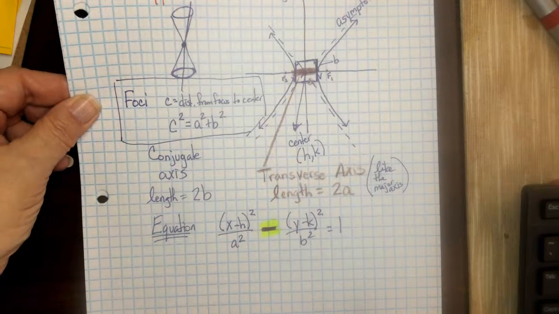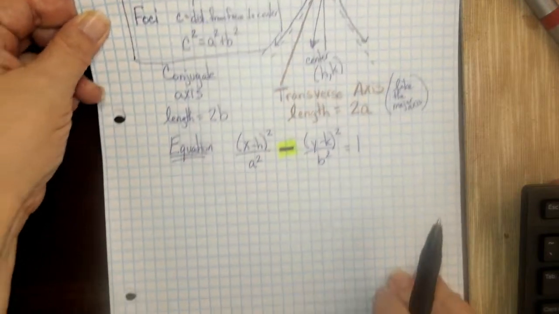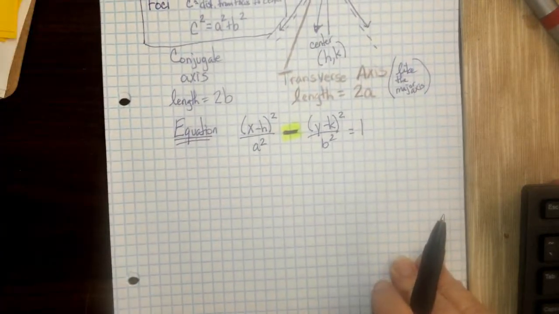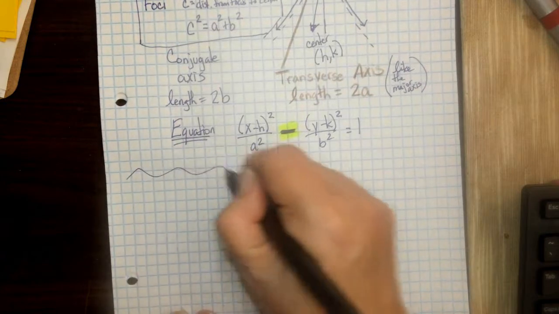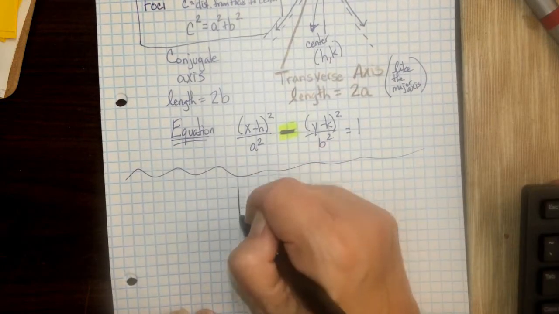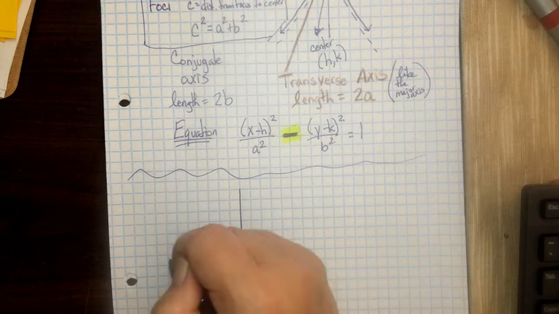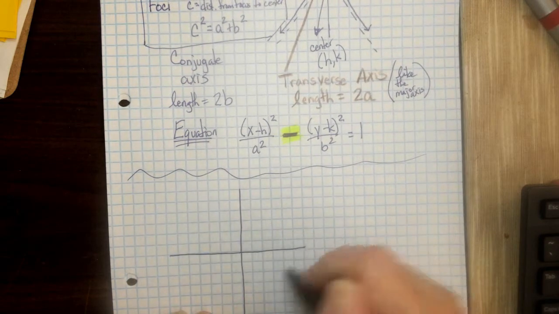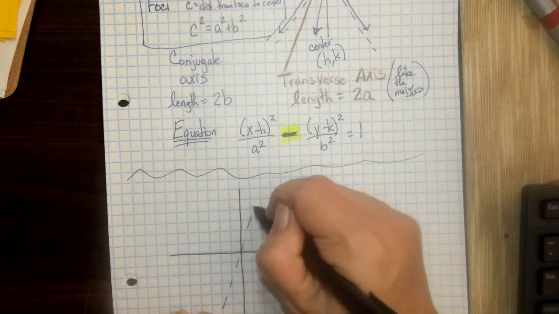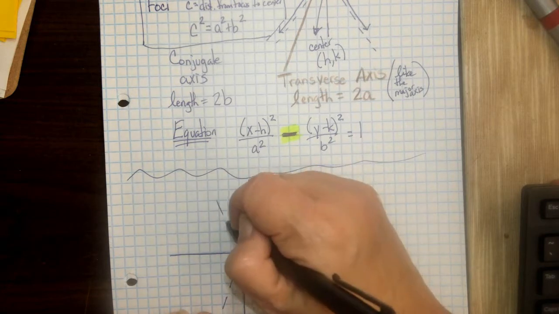All right, so then let's just talk about what if our hyperbola opens the other way. So I'm going to quickly draw a coordinate plane. I put in my two asymptotes.